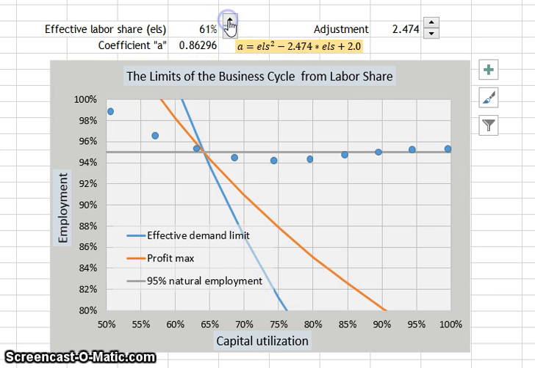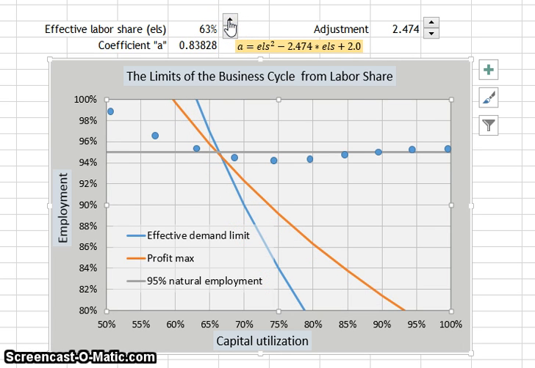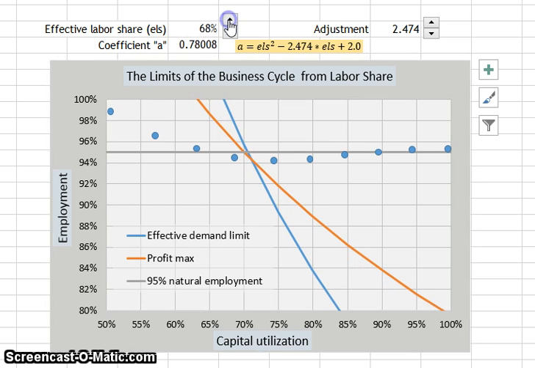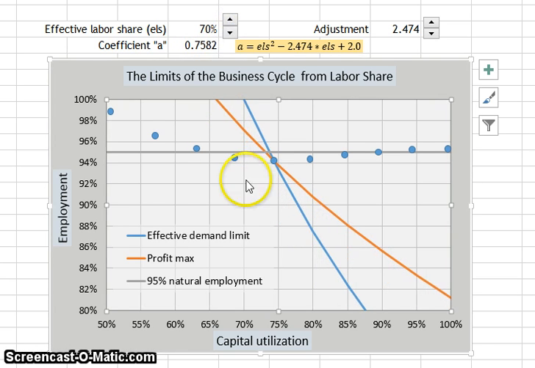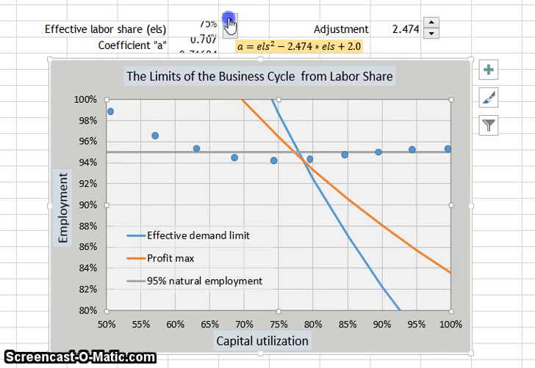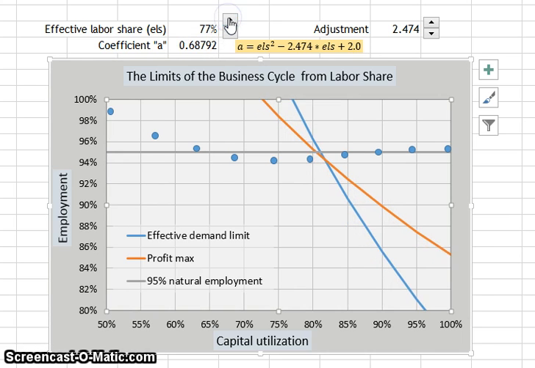All right? So if you increase labor share, you start paying your workers more, it can go all the way down to a natural employment rate of almost 94%, a natural unemployment rate of almost 6%. So you've lost, say, 2 to 3% employment of your workforce. And so there's an argument against raising labor share in a country like China. However, if they were to keep raising labor share, see how these lines are crossing at the blue dots?